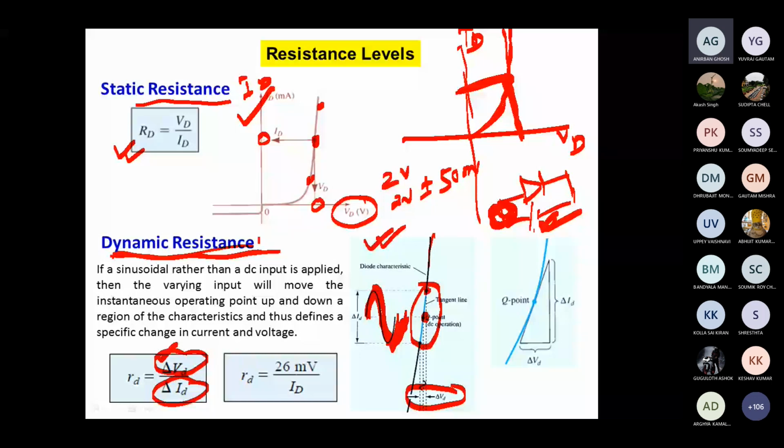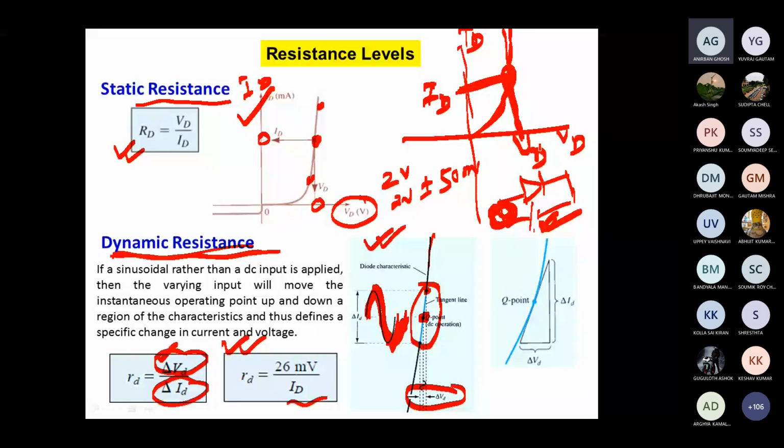And from this, the final expression, the dynamic resistance you can calculate as 26 millivolt divided by ID. This ID is the specific DC value. Around this bias, this is the ID value for a particular VD value.